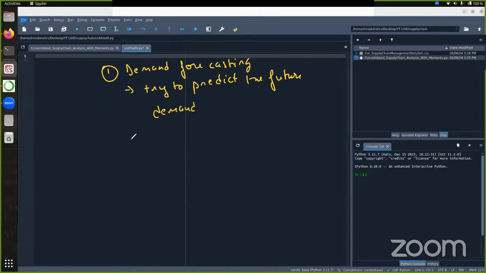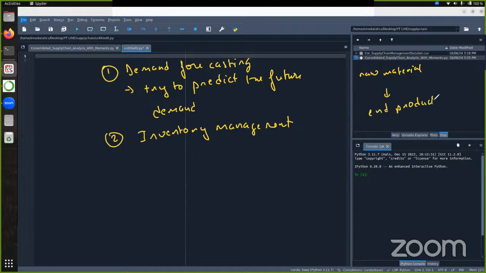The next use case that we have is known as inventory management. Supply chain is not a straightforward process. It doesn't mean that you will take the raw material and somehow convert it into an end product at the source itself, and that will be taken up directly by the user. There is a lot of journey involved.